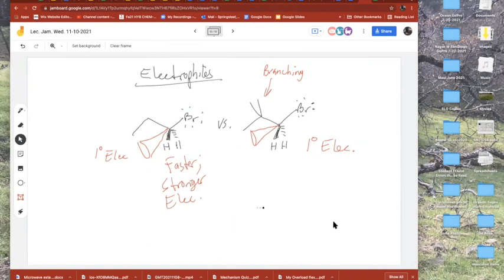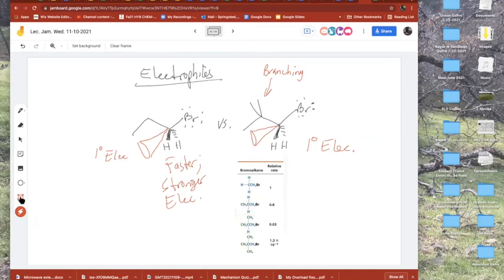And I had some data on it. So you can see how, when this comes up, this one is just a primary electrophile with no branching. This is a primary electrophile with one methyl branch. And then this is two branches, primary still.